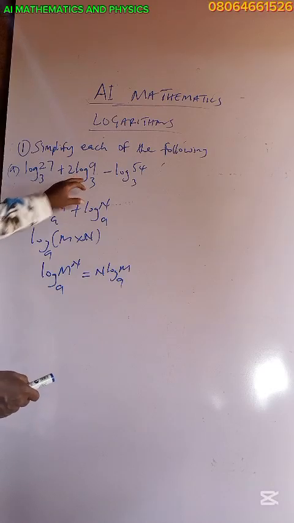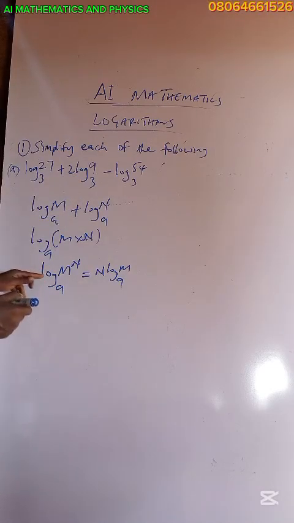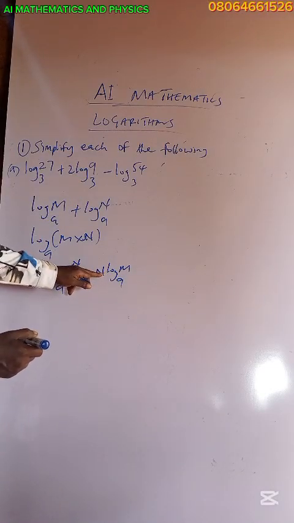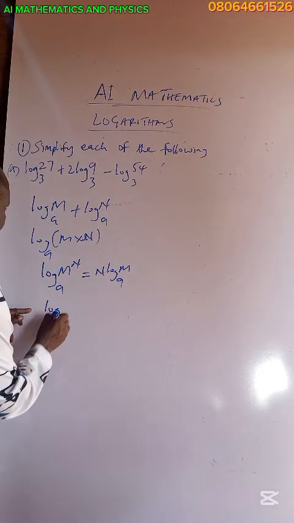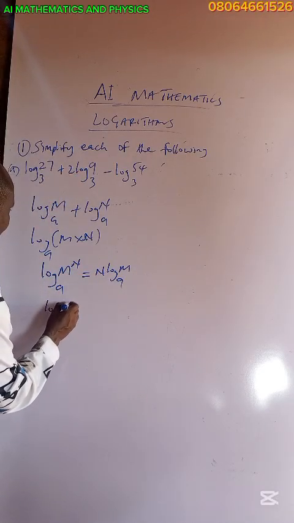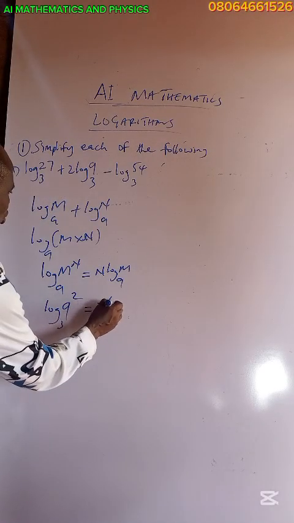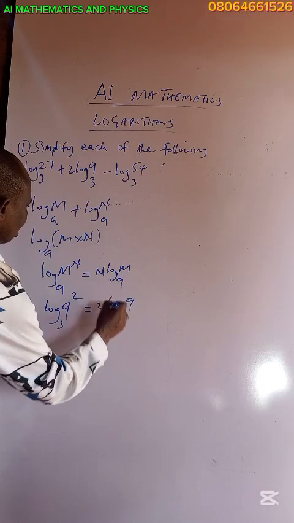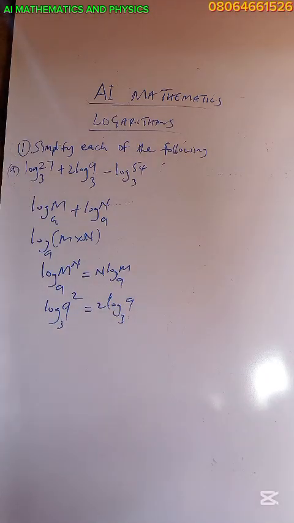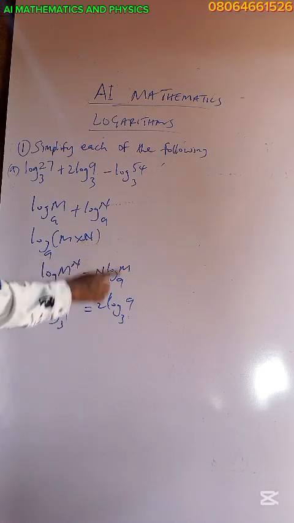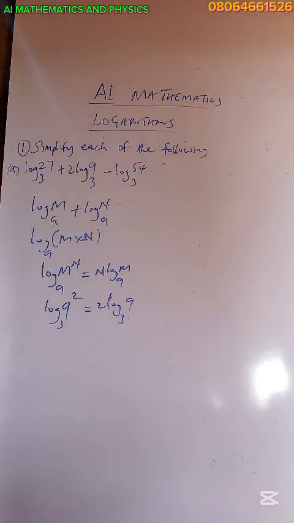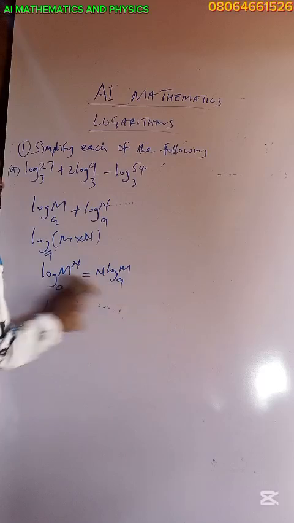So to transform this one, we have log 9 raised to power 2 base 3, which is equal to 2 log 9 base 3. This one will fit the question we are trying to solve. Then we square it, then we multiply. Now let me continue.